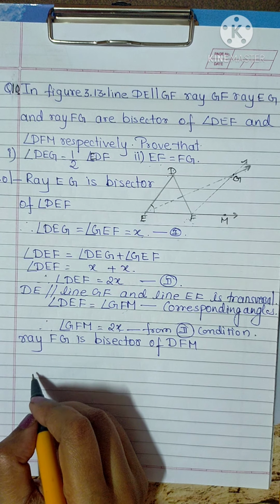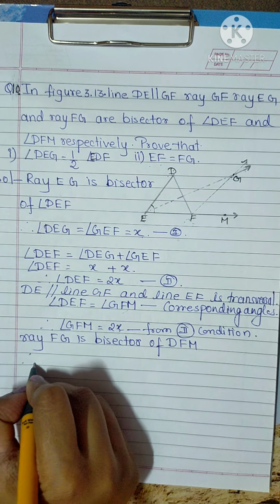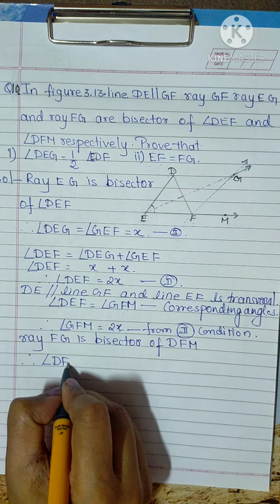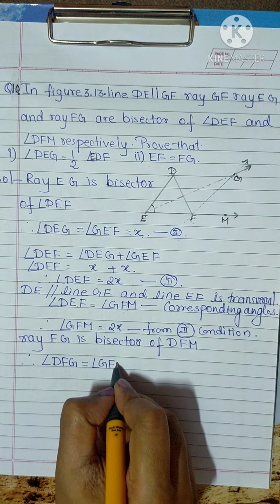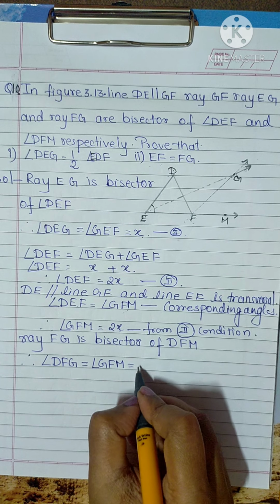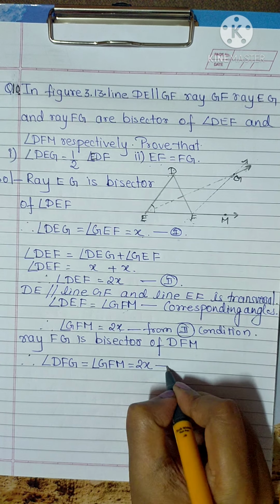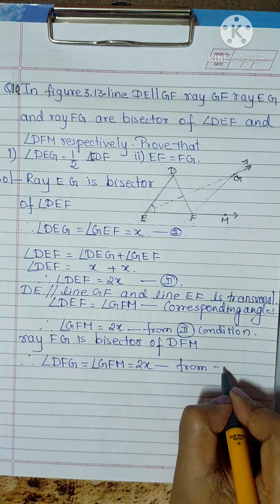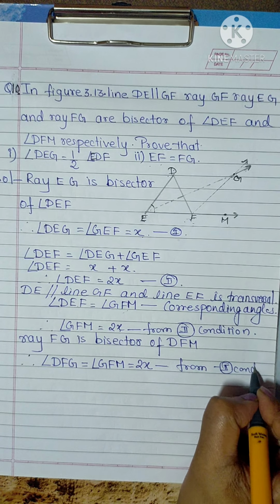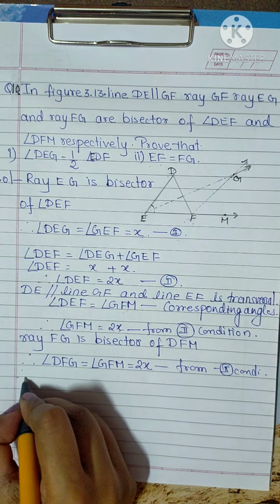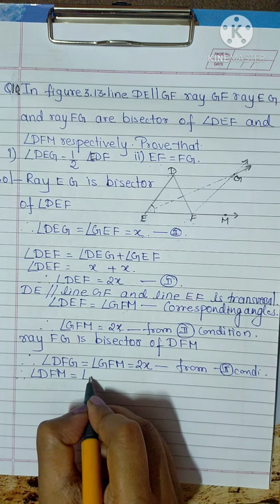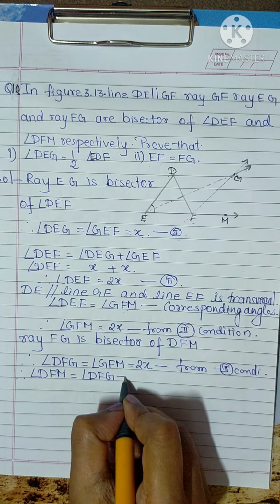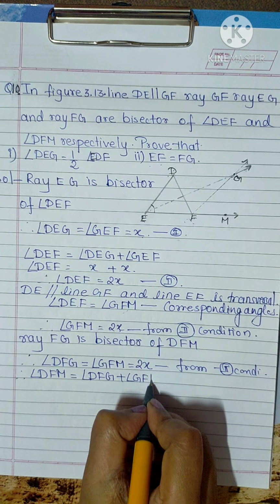Now next step, we write therefore angle DFG is equal to GFM equal to 2x from the second condition. Now therefore angle DFM is equal to DFG plus GFM.